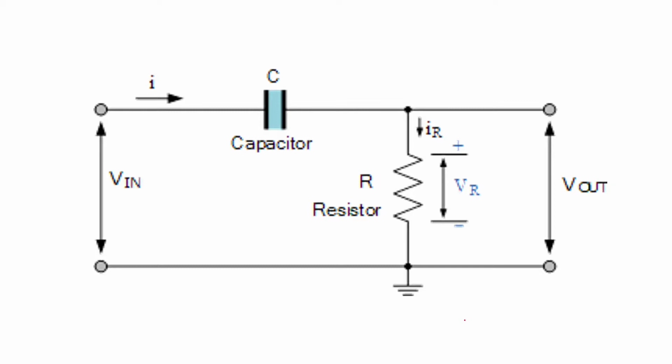Here you can see the circuit, where you have a capacitor in series with the input. The voltage across the capacitor can be named VC, and then here is your resistance, and across that resistance you take the output voltage Vout. This simple combination of C and R will work as a differentiator.